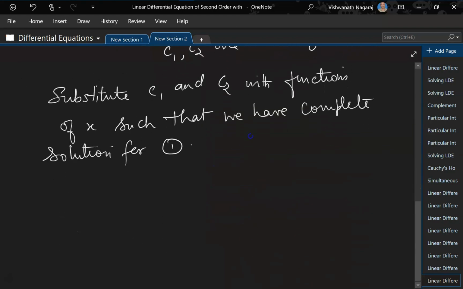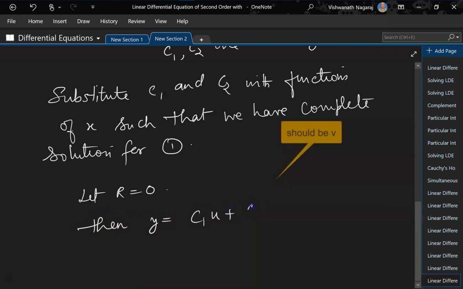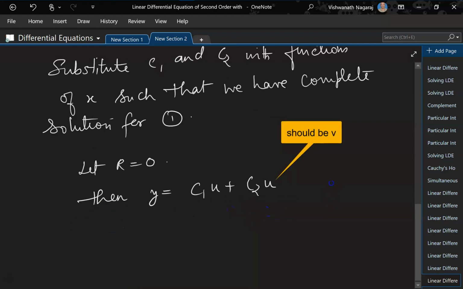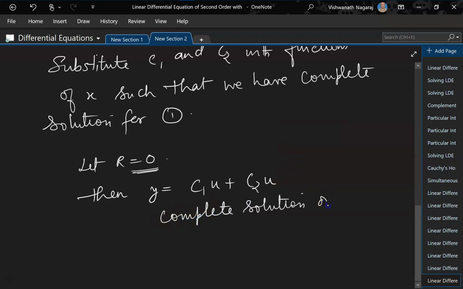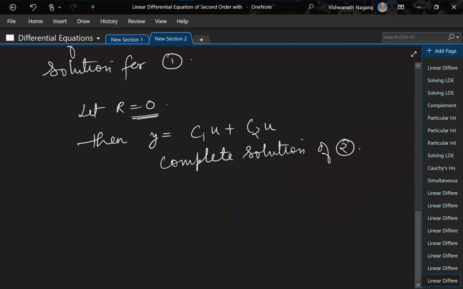Okay, so let's begin. Let's see how it works out. So let r equal to 0, we get a homogeneous equation. Then y is equal to c1u plus c2v. Now because r is equal to 0, this is the complete solution of the second equation, right?